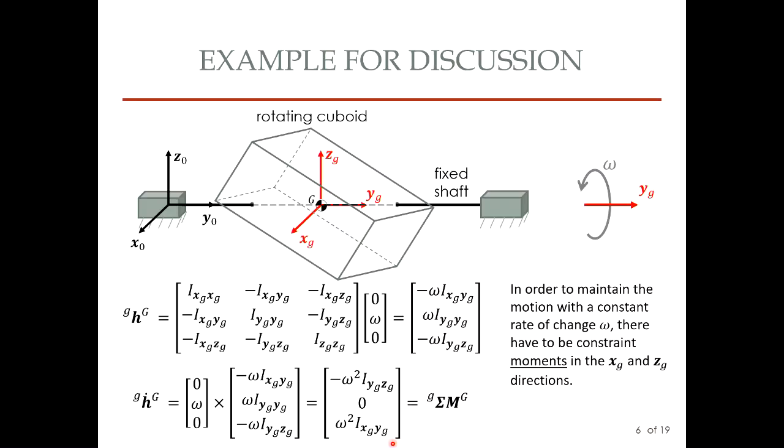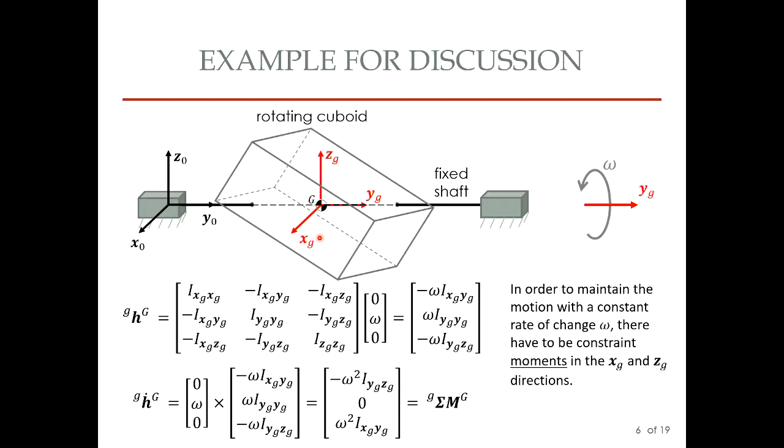Because of this moment applied on the shaft, if you look at an experiment, you will see that the shaft starts wobbling because of the bending moment in the X and Z directions. This vector here has some constants in the XG and ZG directions, but as the cuboid rotates, these XG and ZG directions rotate too.